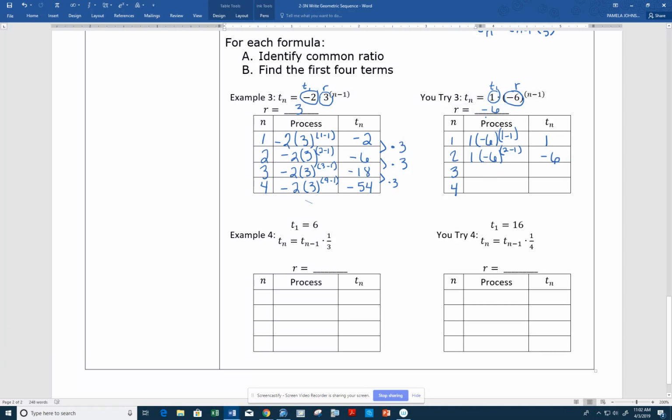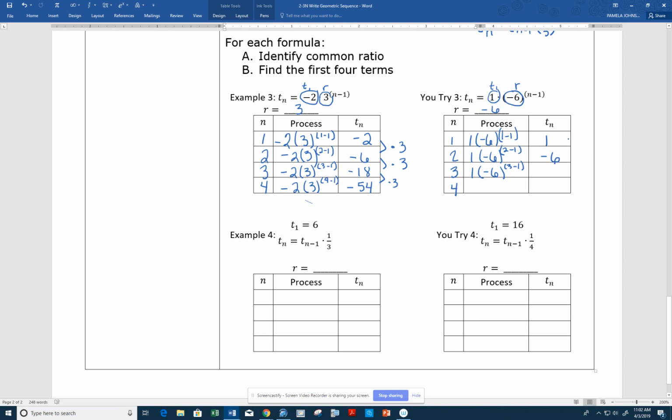Since our common ratio is negative, our term values are going to keep flipping signs. They'll go positive, negative, positive, negative. If our common ratio was positive, then no matter what sign our first term is, it's going to keep that sign all the way through.